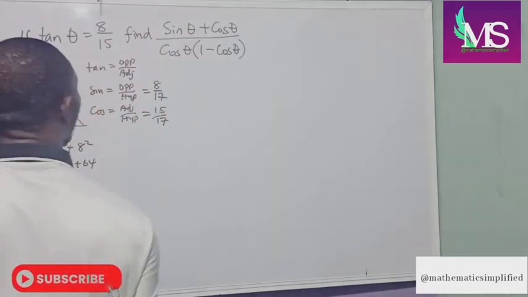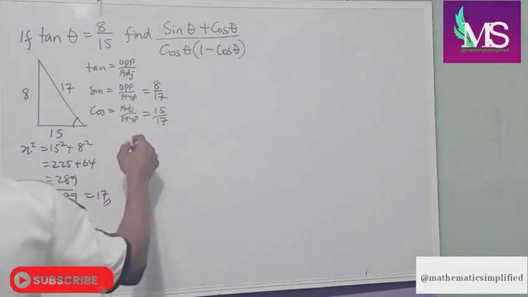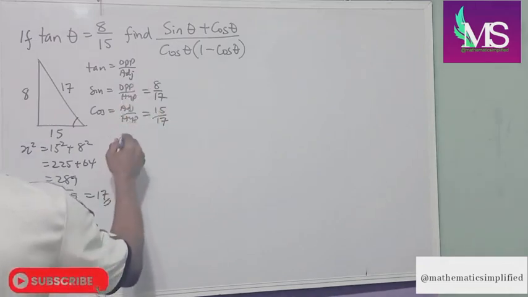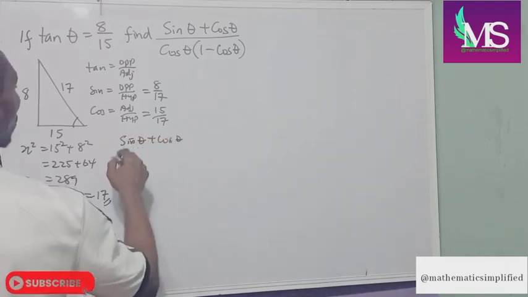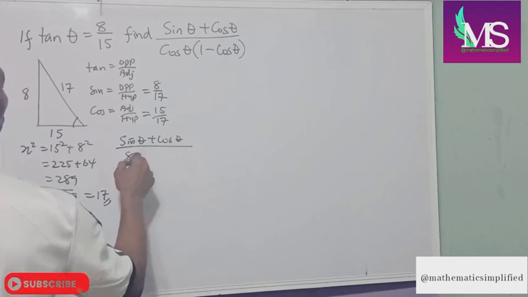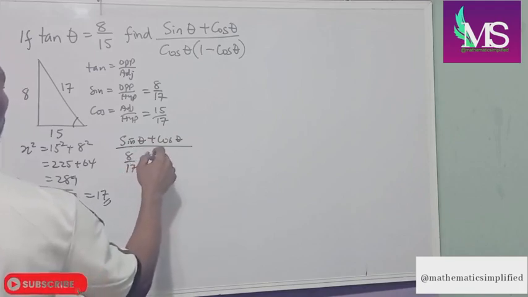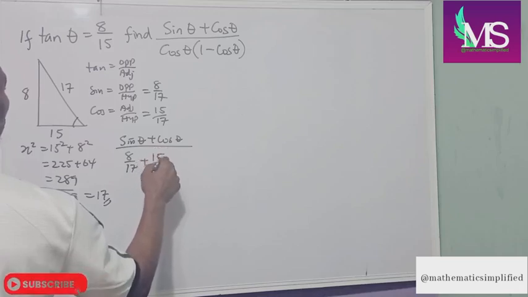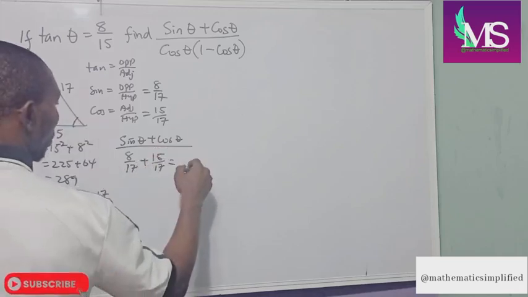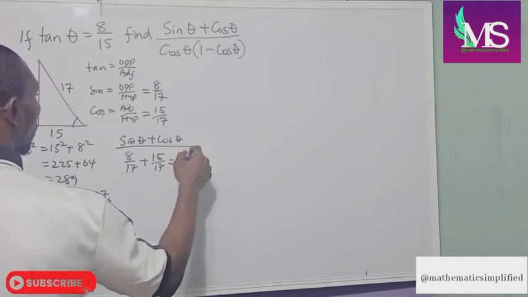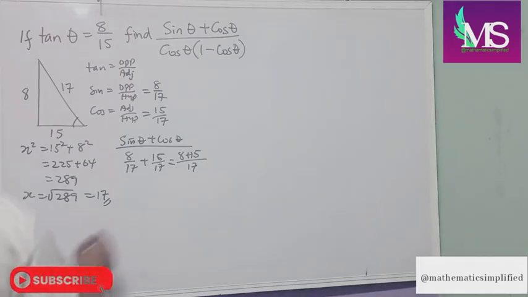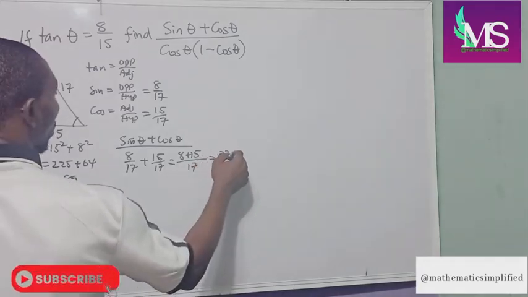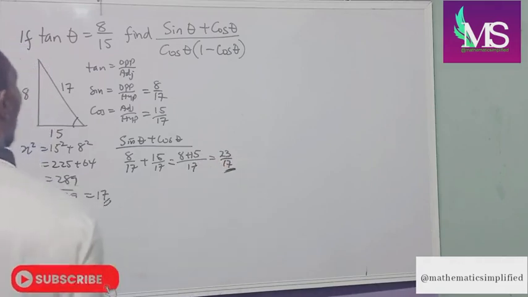Now back to our question. Let's look for sin theta plus cos theta, which is going to give us 8 over 17 plus 15 over 17, which will give us 8 plus 15 over 17. Okay, and 8 plus 15 is 23. So this will give us 23 over 17. That's for our numerator.